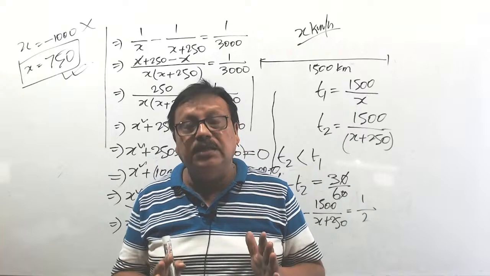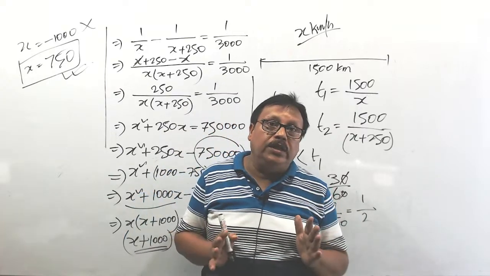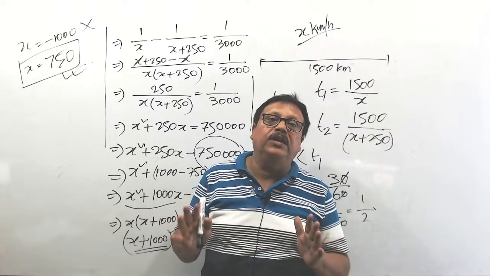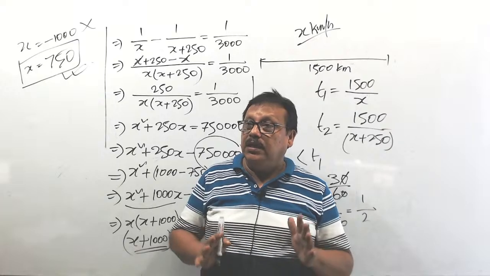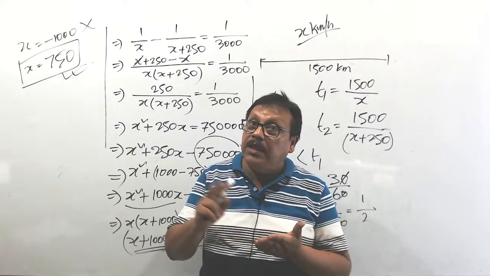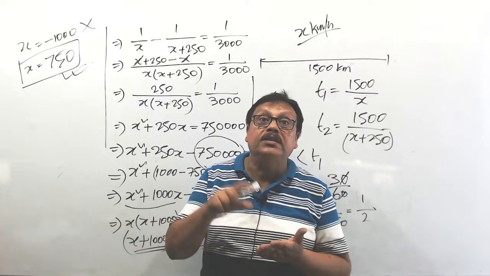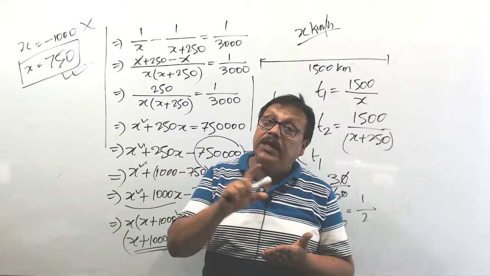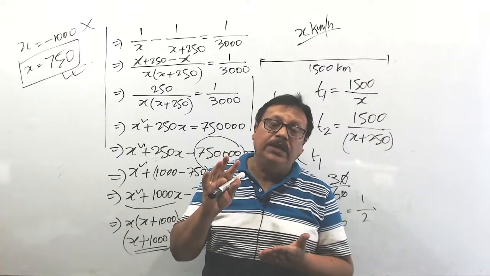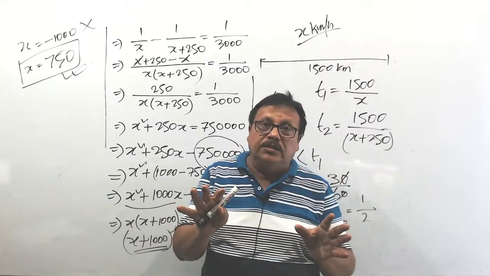Before starting the problem, what will you do? You will read the story, the given statement, carefully. Understood? Then you will assume the unknown. That is, you first have to detect what to find. Assume the unknown by algebraic letters x, y, z, whatever it may be.